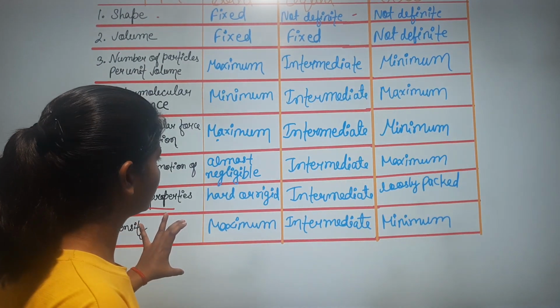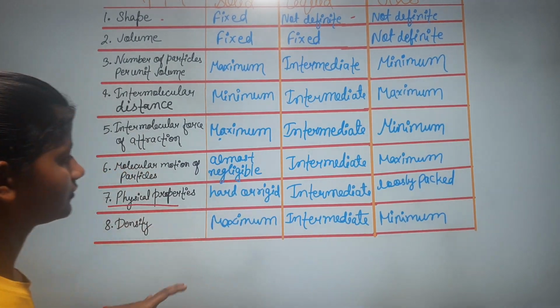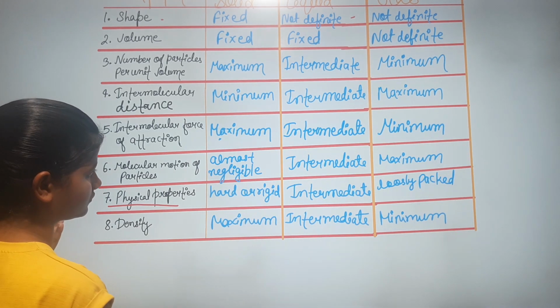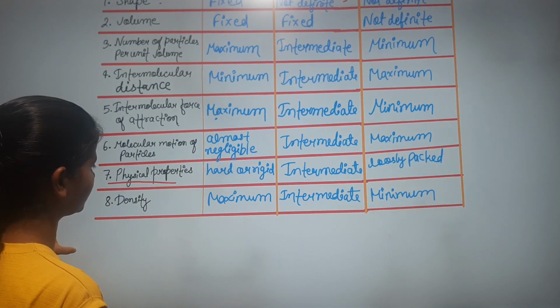And the physical property of liquid is intermediate, and gas is loosely packed, or you can say easily compressed. So these are some physical properties of these states: solid, liquid, gas.